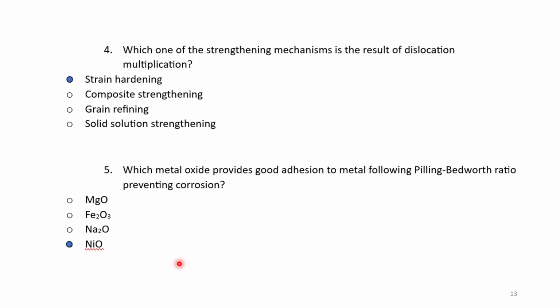Next is, which one of the strengthening mechanisms is the result of dislocation multiplication? Out of these various types of strengthening mechanisms, we'll study about this later, but in case of strain hardening, also called work hardening or dislocation strengthening, you'll be deforming your material, and because of that deformation there will be dislocation loops generating in your material, and dislocation density will increase a lot.